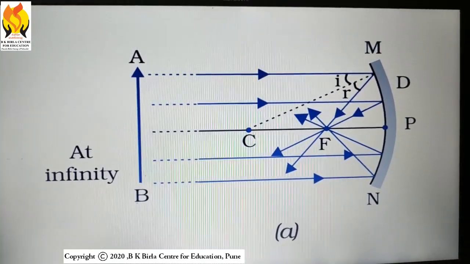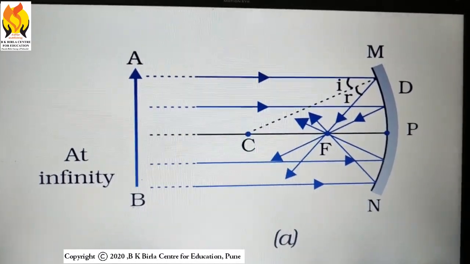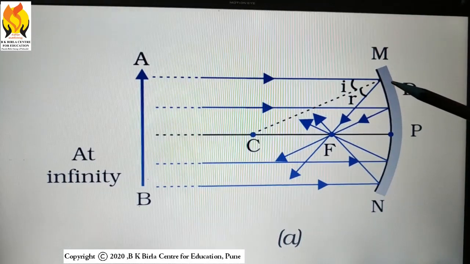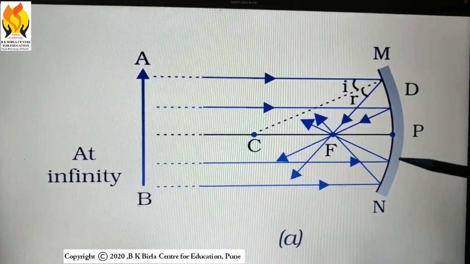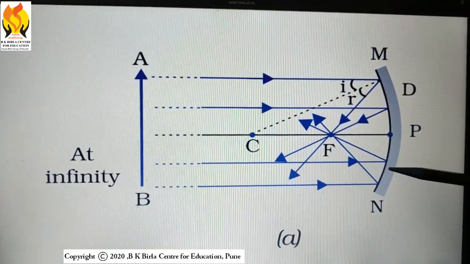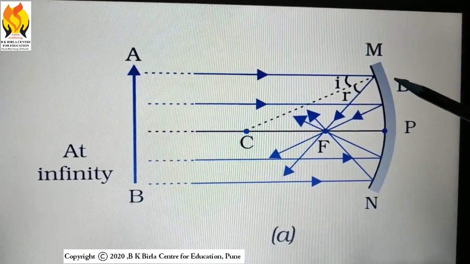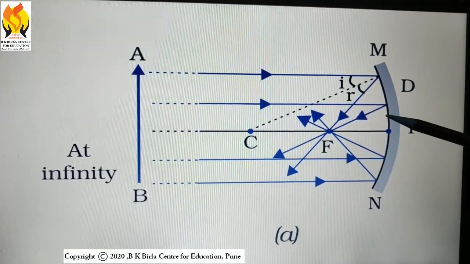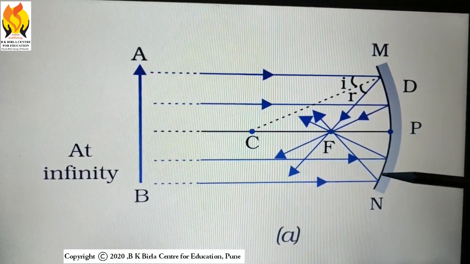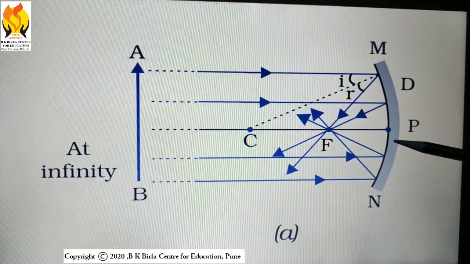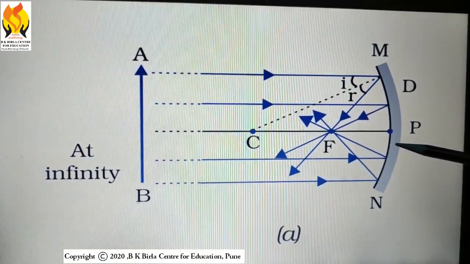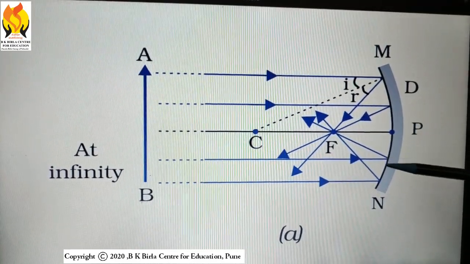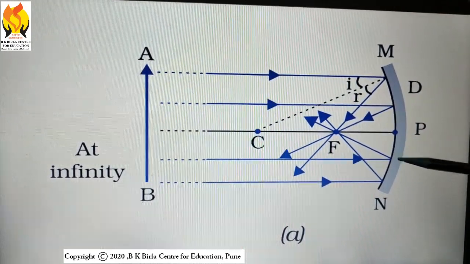Now let us discuss the concave mirror and its properties in detail. Just focus on this diagram. This mirror shows the concave mirror. Why is it called a concave mirror? Because this mirror has two surfaces. One surface, represented by the solid line, is the reflecting surface, and the other surface is the rough surface.